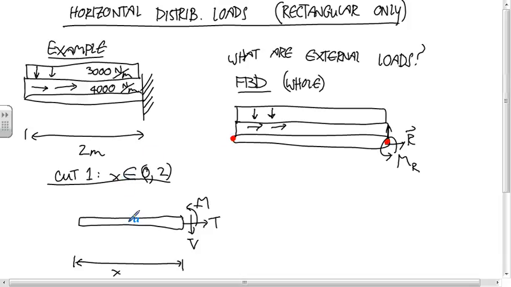So how are we going to represent these two rectangular distributed load components? Well, we know the vertical one. We've done that plenty of times before. That's just going to be a downward force of 3,000 x. What about the horizontal force?